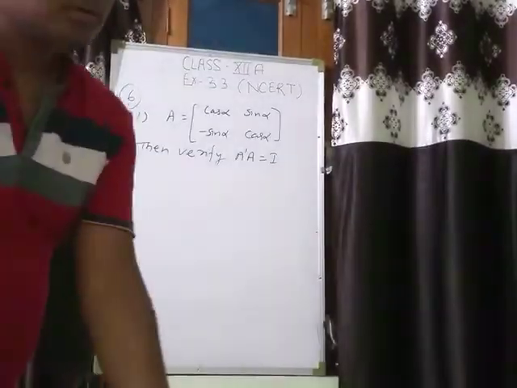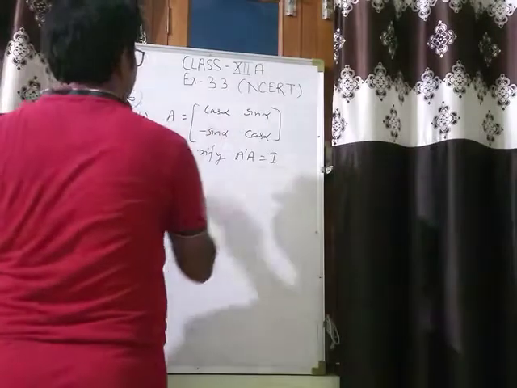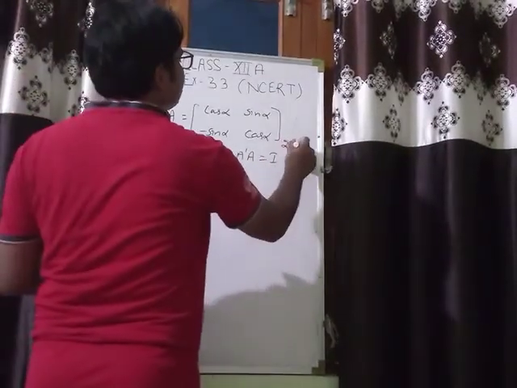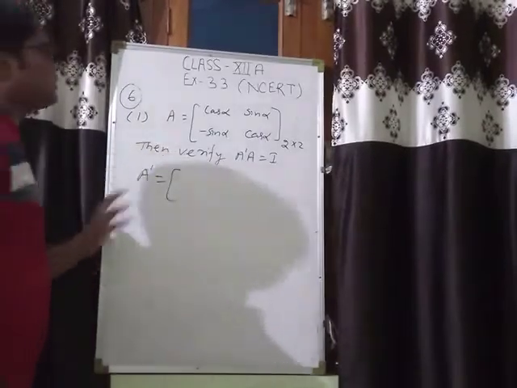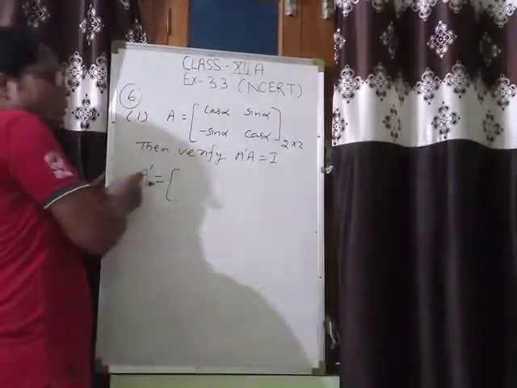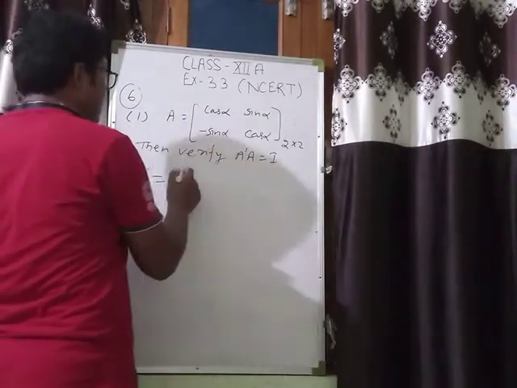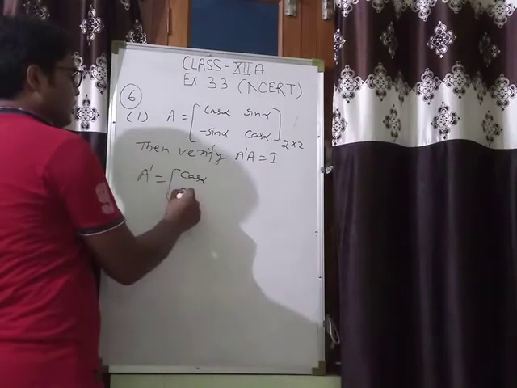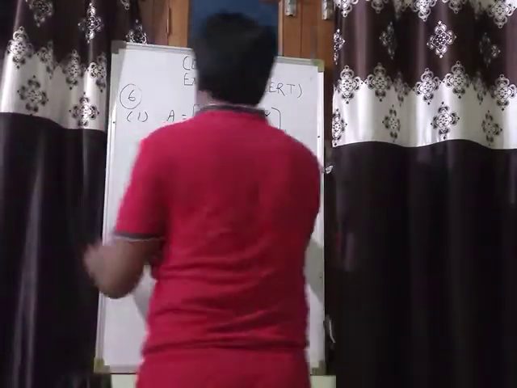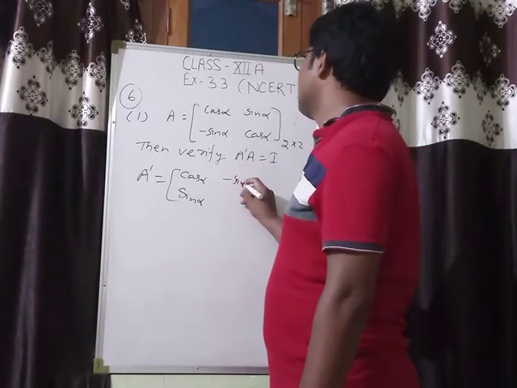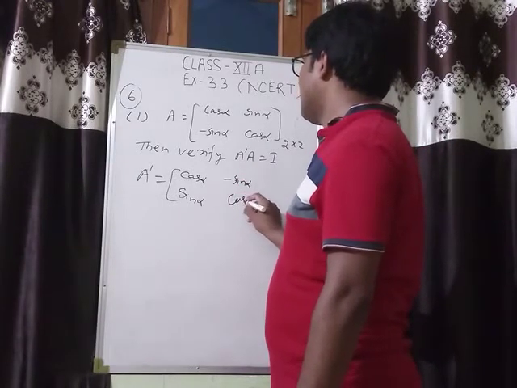Okay, identity matrix. See, find out A transpose. This is a square matrix of order 2. So the first row becomes the first column when we find its transpose. So the first row, cos alpha sin alpha, will become the first column, cos alpha and sin alpha, and the second row becomes the second column, minus sin alpha and cos alpha.